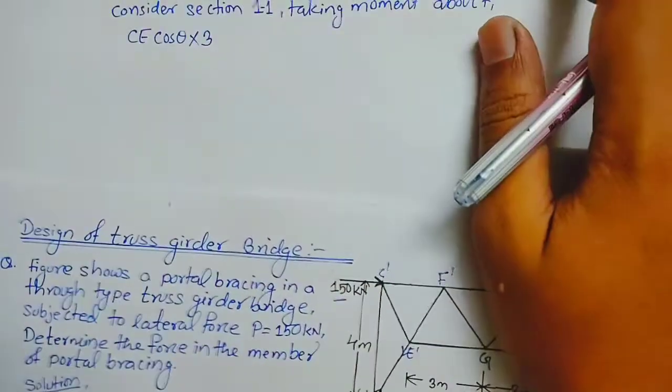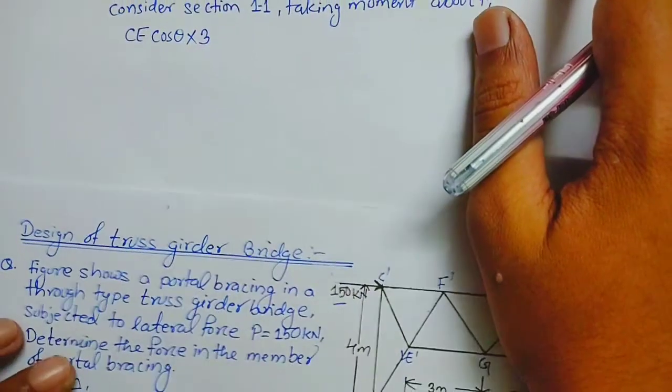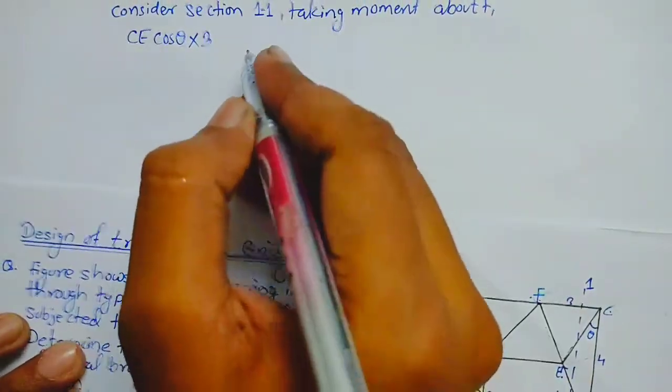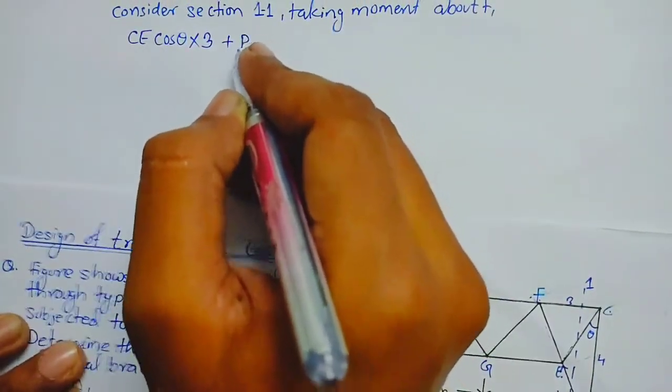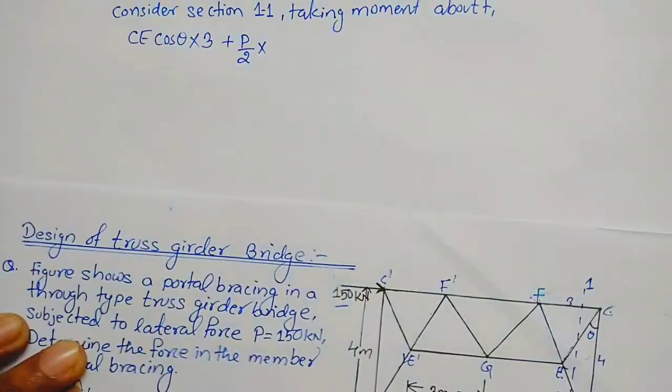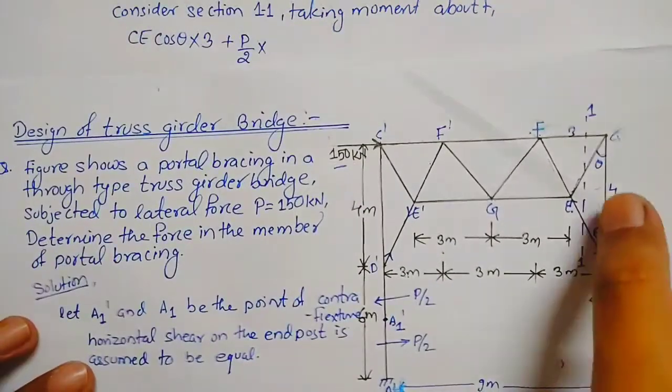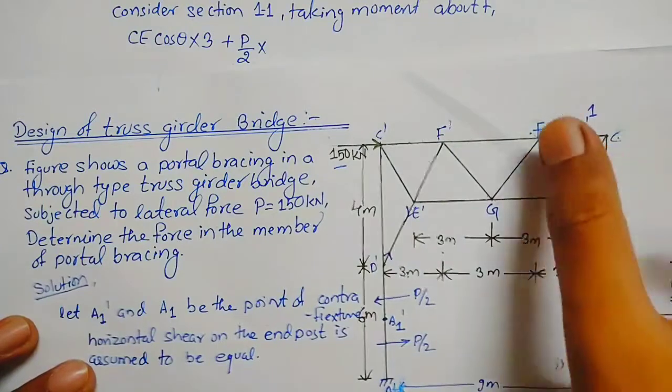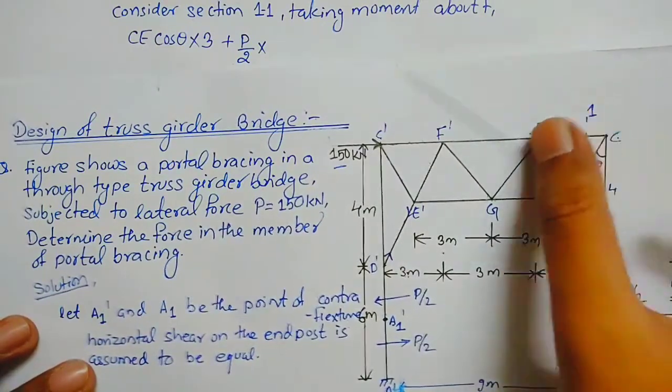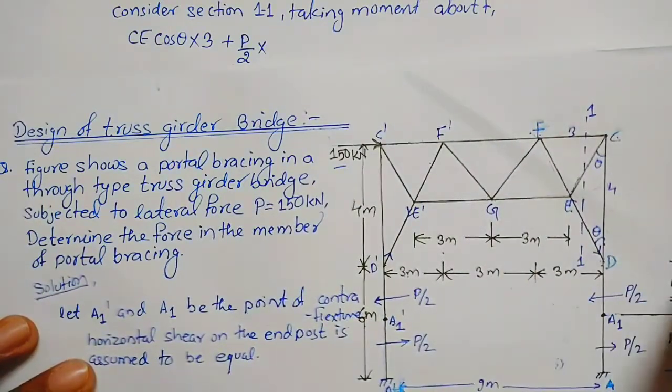So we can write CE cos theta times 3 plus P by 2 times, and the span of P by 2 from point F will be 4 plus 3 meter.